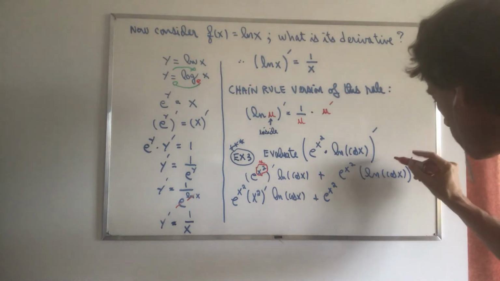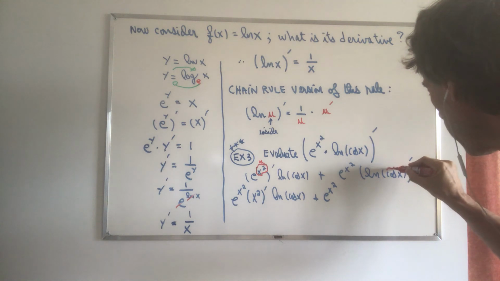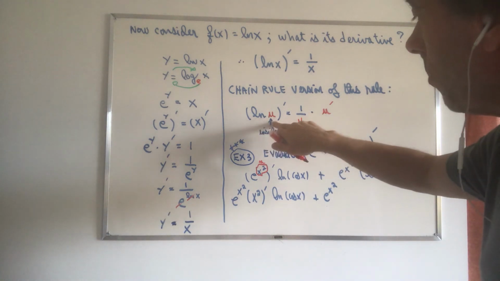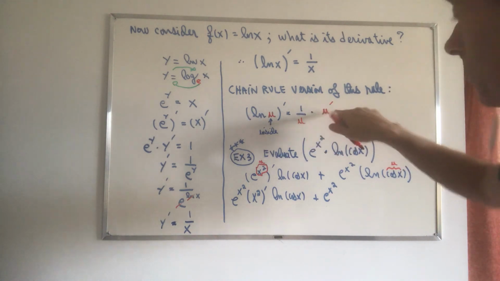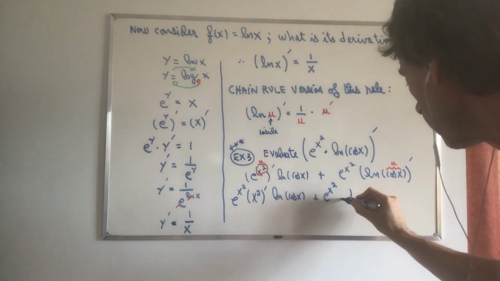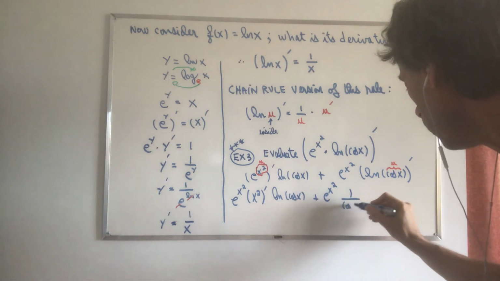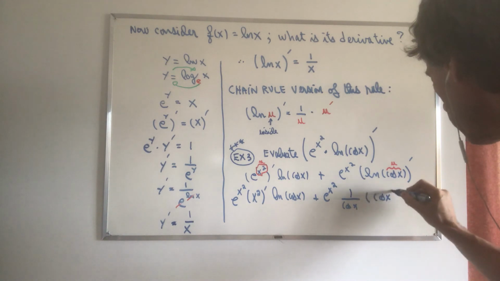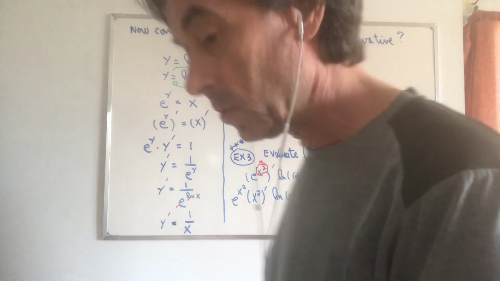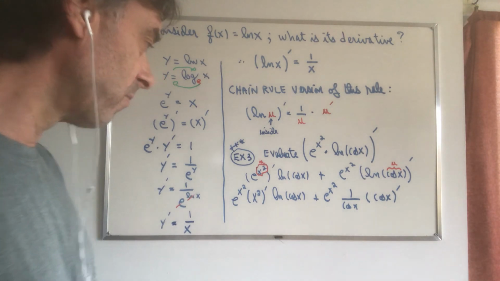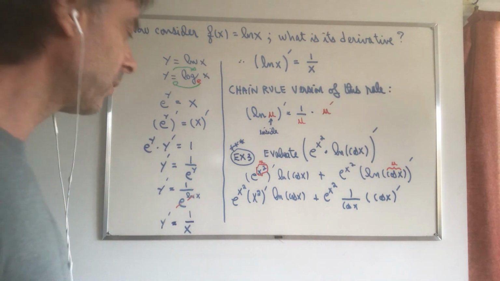Ln of cos, this is the ln of u. What's the derivative of ln of u? We had just learned that. 1 over u times u prime. So we have in fact a couple more derivatives to find, and we're done.